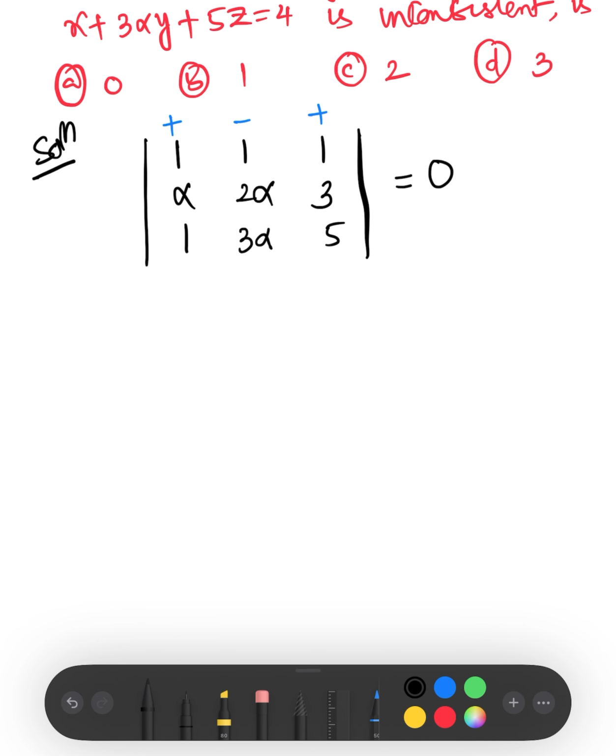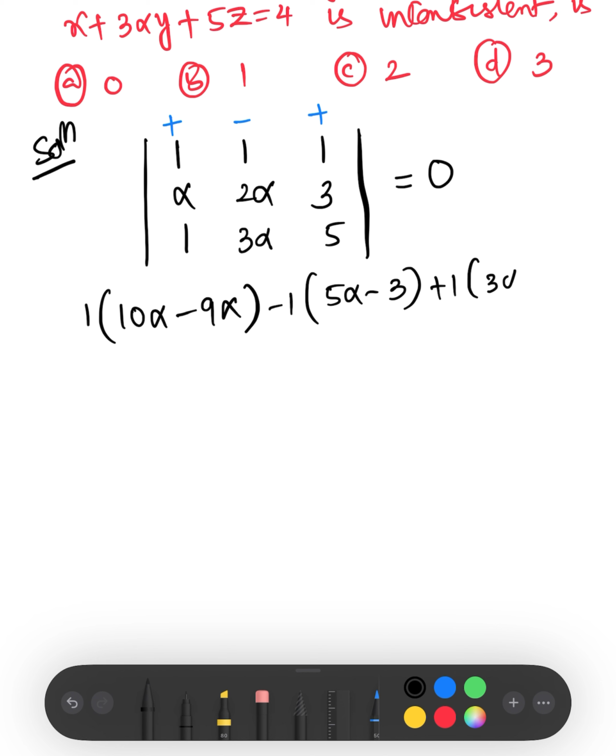Now coming to the simplification, 1 into (10 alpha minus 9 alpha) minus 1 into (5 alpha minus 3) plus 1 into (3 alpha square minus 2 alpha) equal to 0.